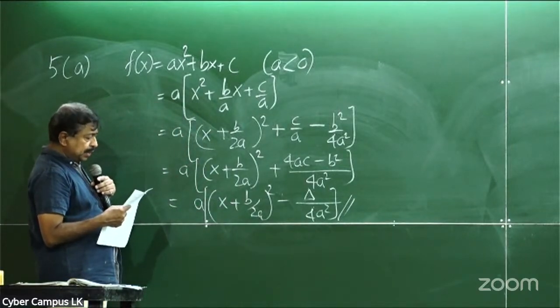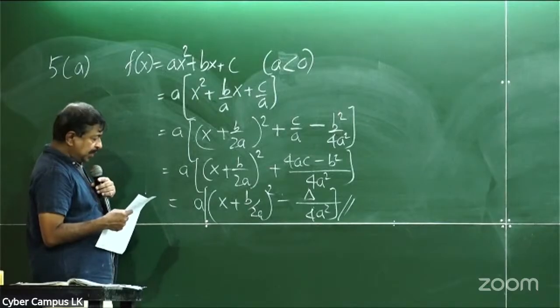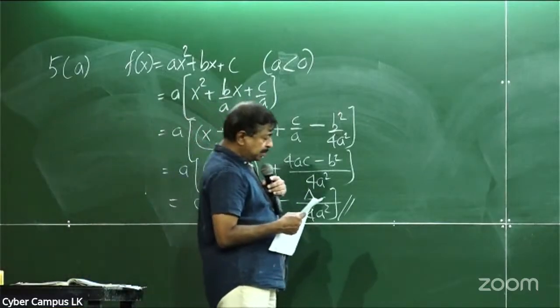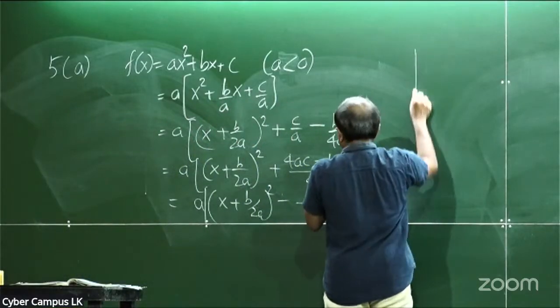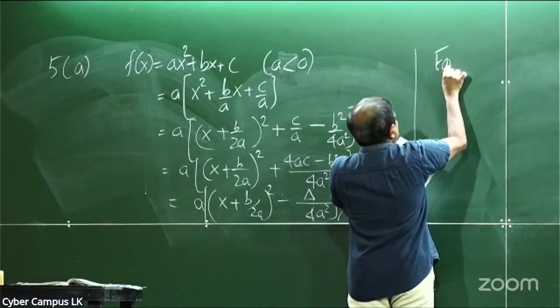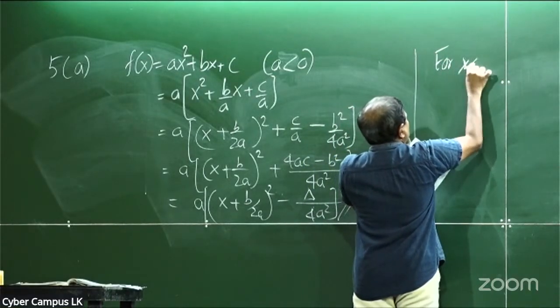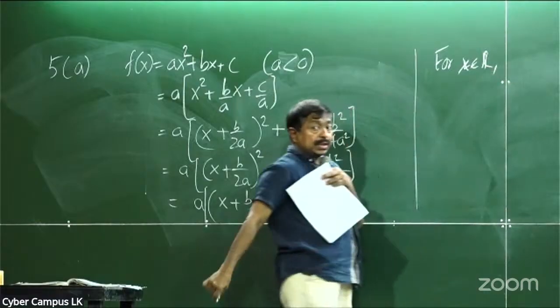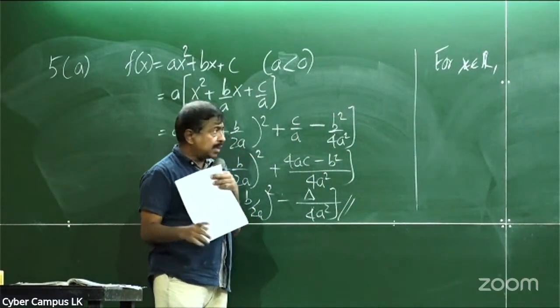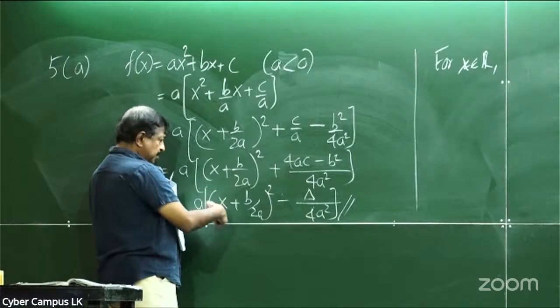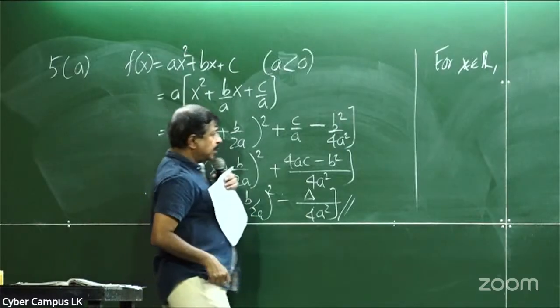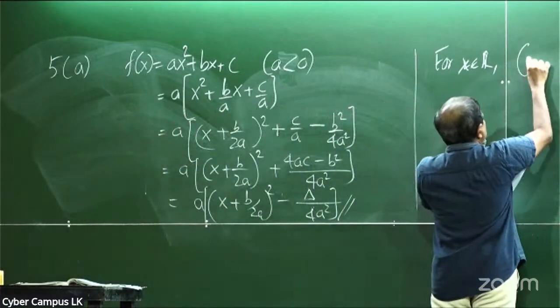Now we have to show that this is a maximum. Hence find the maximum value of ax squared plus bx plus c, for real values of x. We know that the perfect square is greater than or equal to 0.